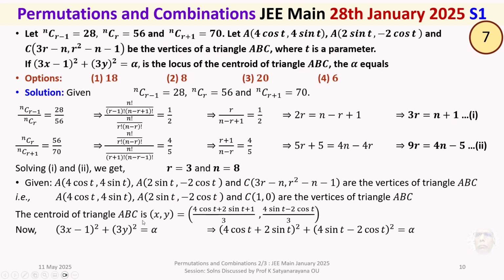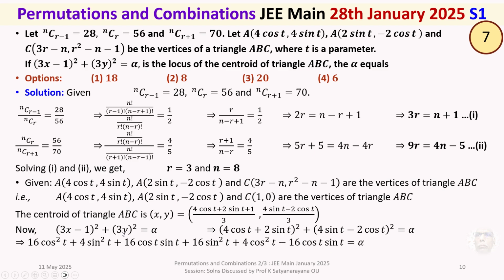3x - 1 I have already talked about, that is (4 cos t + 2 sin t) whole square. And 3y is (4 sin t - 2 cos t) whole square is equal to alpha. Square them, the square of the first, the square of the second, and cancellation takes place.